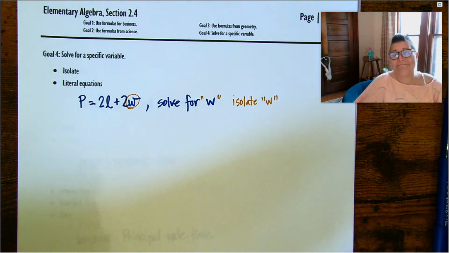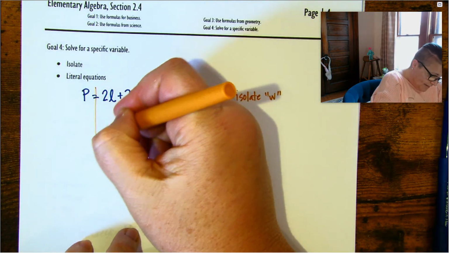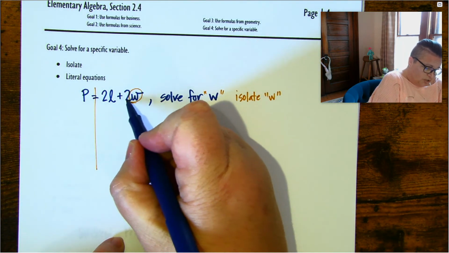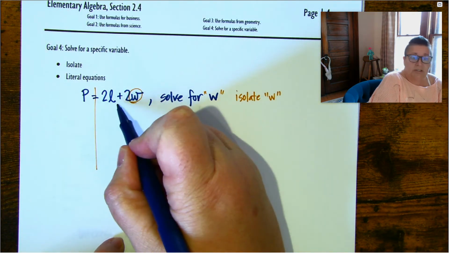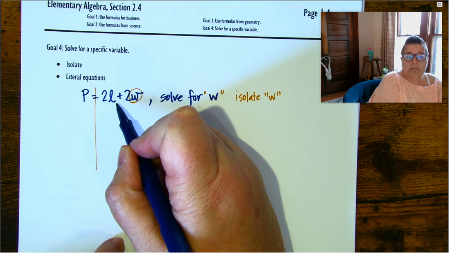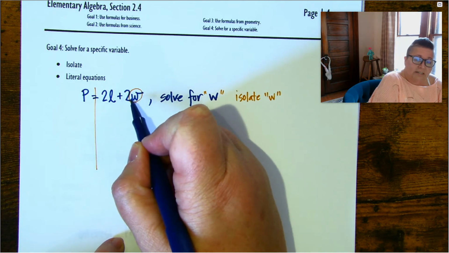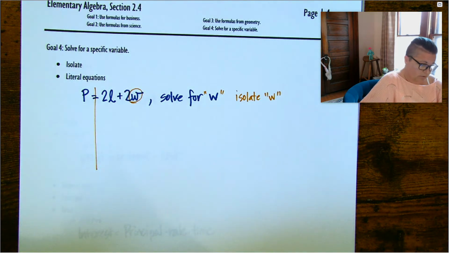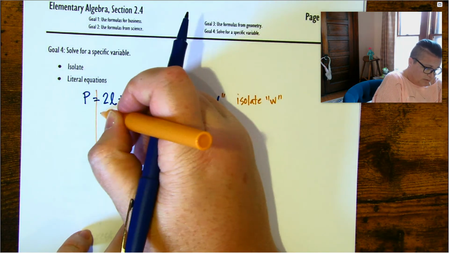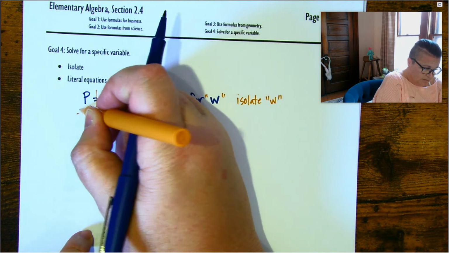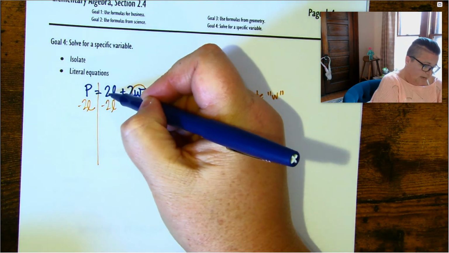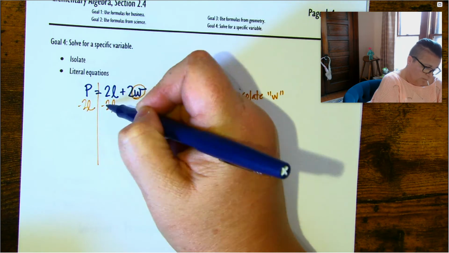So how do we do this? Well, left side, right side, right? I've got 2 times W plus 2L. I want to divide by 2, but the first thing I'm going to do actually is just move that 2L over. I'm going to get this 2W alone, so I'm going to subtract 2L from both sides. It was positive on this side, so I need to subtract it from both.